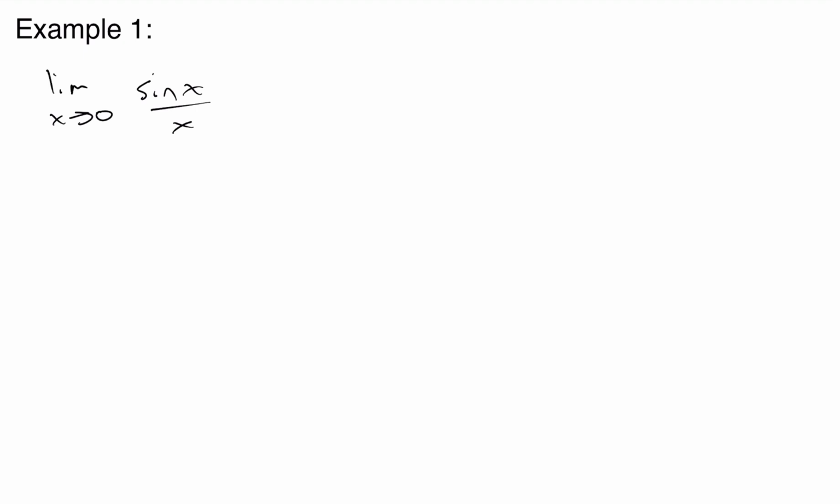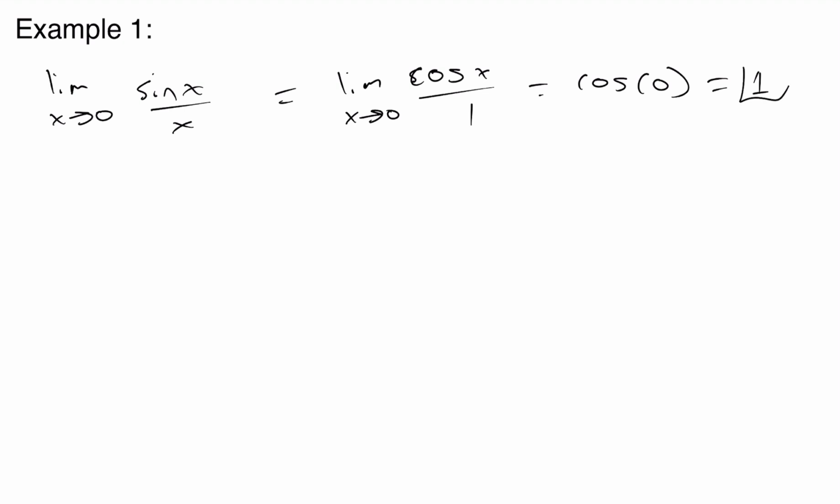So instead, we're going to find the derivative. And that's going to give us the limit of cos x over 1 as x approaches 0. Now from here, we can sub in. So this is going to be equal to cos of 0, which is going to be equal to 1. So the limit for this expression is 1.